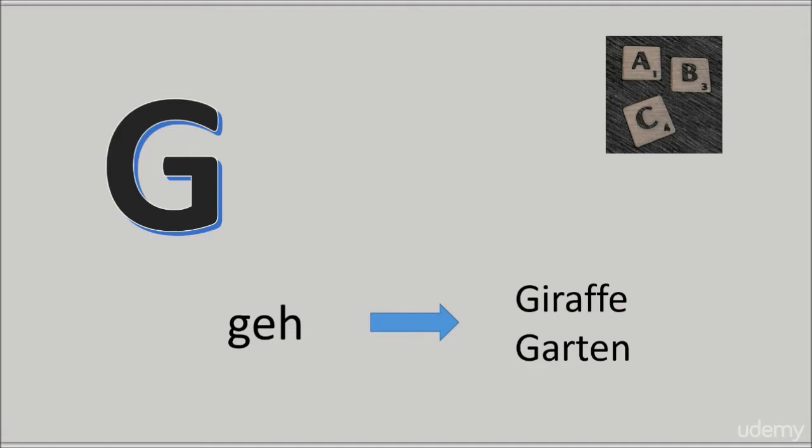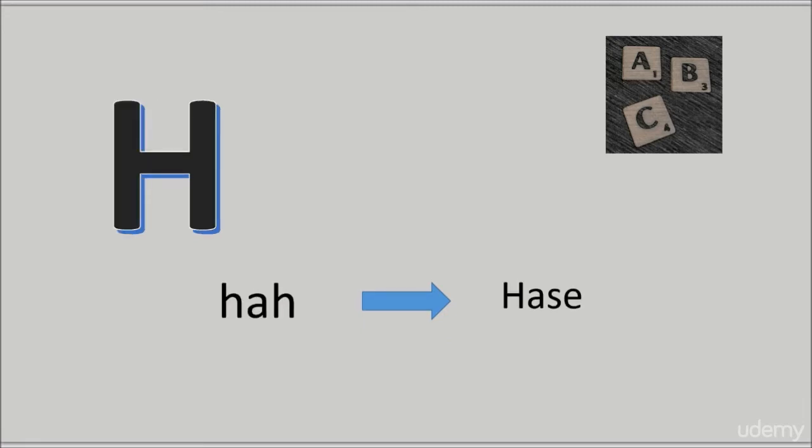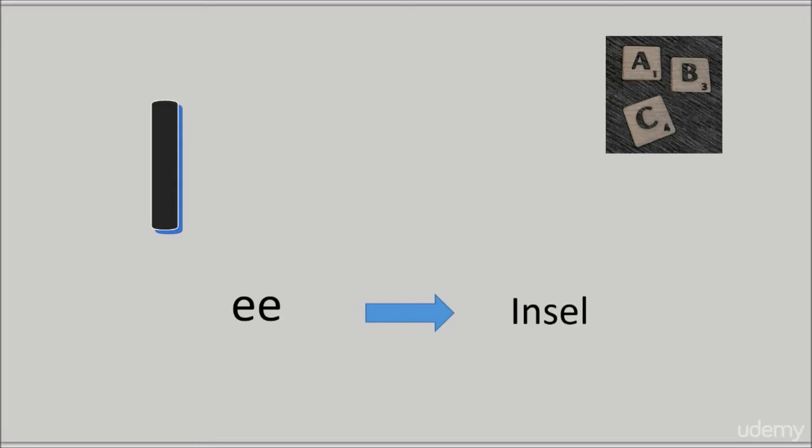G, Giraffe, Garten, they begin with G. H, wie Hase. I, wie Insel.